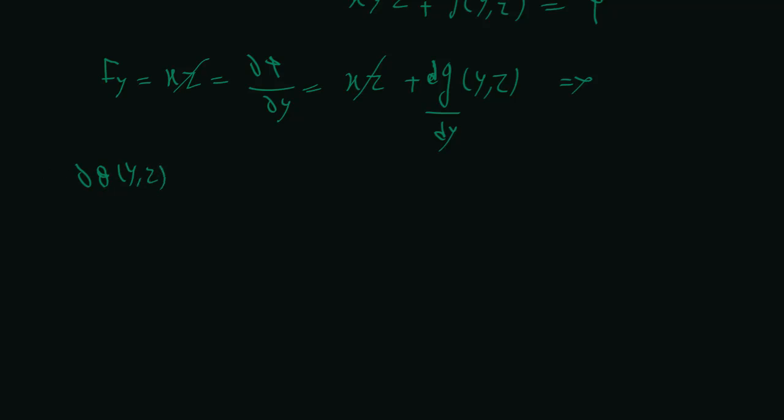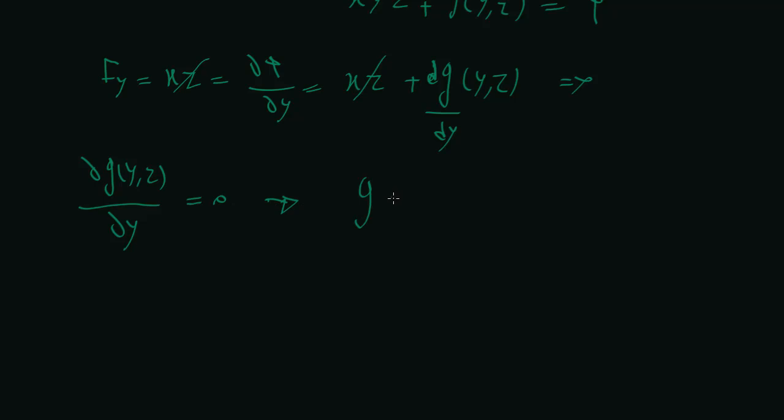Let's write this down better: the derivative of g, a function of y and z, with respect to y is equal to 0. So all we can conclude from here is that g should be at least a function of z.